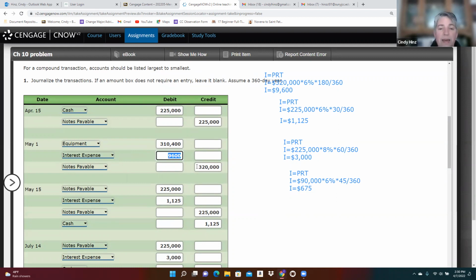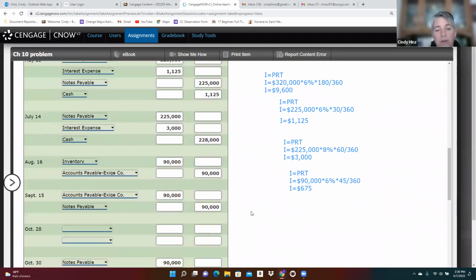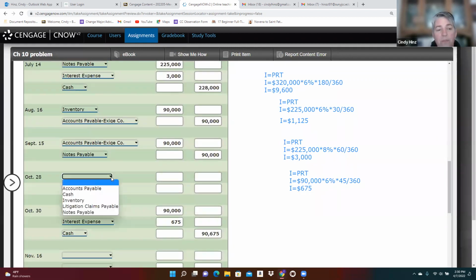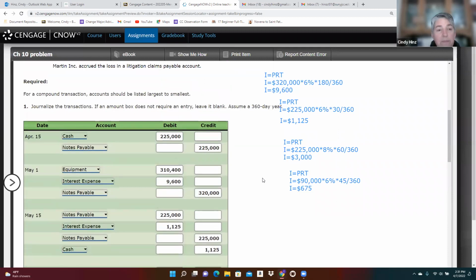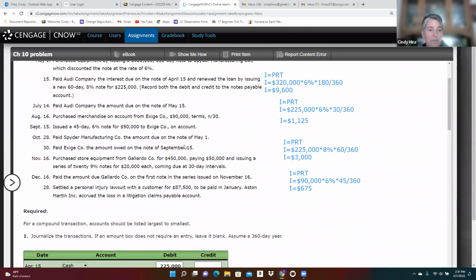And so since that note was discounted, when the due date comes up on October 28th, we pay the $320,000, the full face value. We have already reported the interest on that. That's why I only needed 2 lines there. I just got my notes confused. This company's borrowing too much money. I couldn't keep all of their borrowing straight.